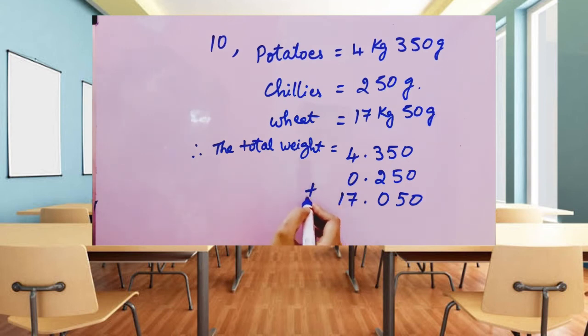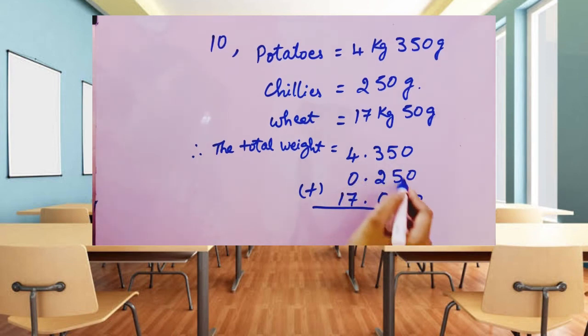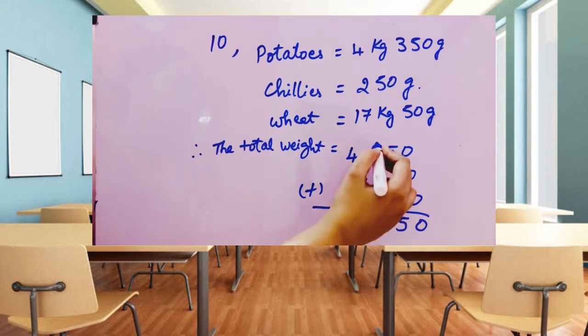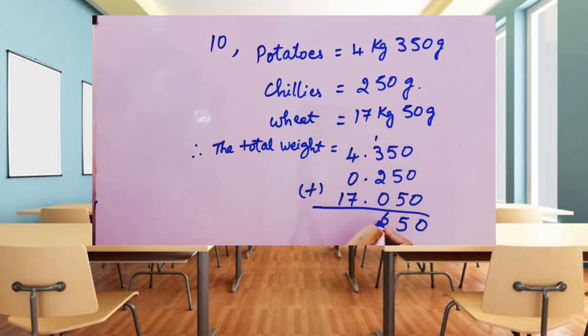To find the total weight, we need to add all the values. Okay, so 0, 5, 10, 15, 1, 6.11 and over here 2.